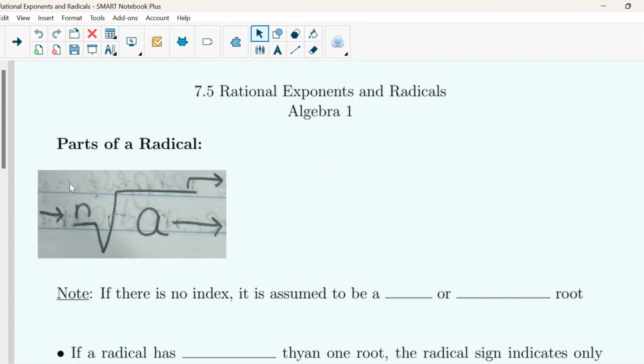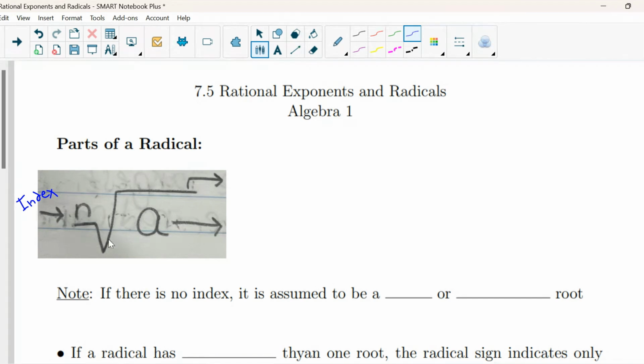So parts of a radical here, the number out in front of your radical, the n value, is considered your index. That is what you are taking the radical of.